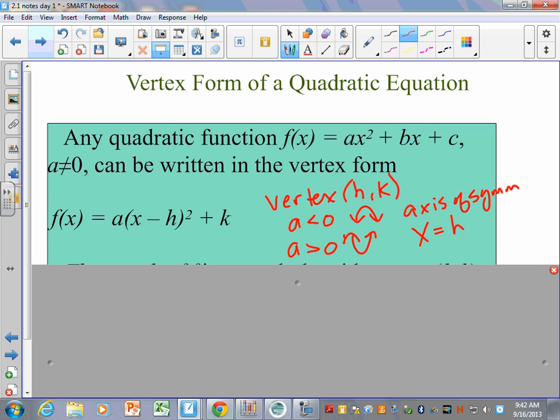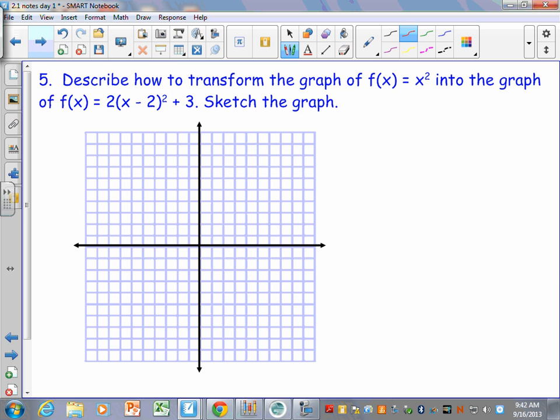Okay, can I go from this? Alright, so it says describe how to transform the graph of x squared into f of x, and then we're going to sketch the graph. Really nice when it's in vertex form. Very similar to what you should have been doing on your test Friday a little bit, maybe.